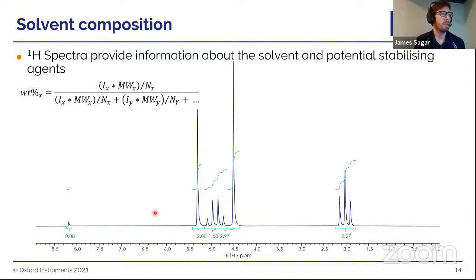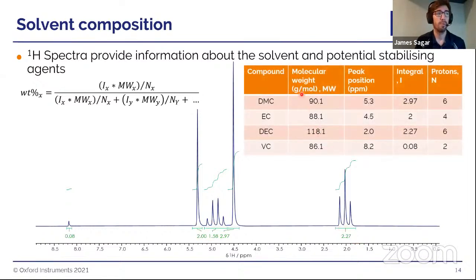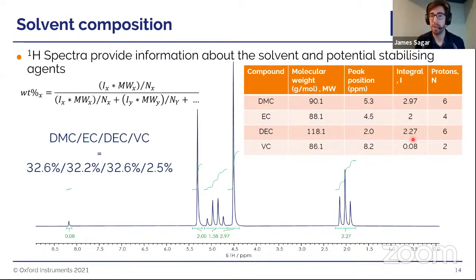And by the wonder of NMR being an inherently quantitative technique, that means by measuring the integrals of these signals, which are noted here below the spectrum, and understanding the molecular weight of those compounds, we can understand exactly their weight percentage composition in that electrolyte. That's an incredibly powerful tool to ensure the quality of electrolyte.